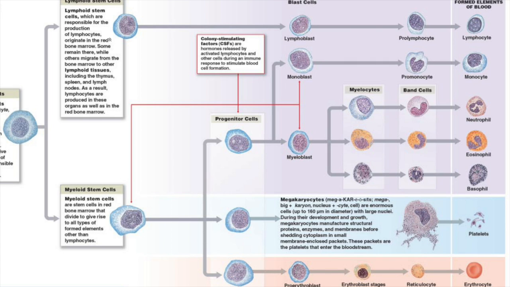The lymphoid stem cells produce the lymphocytes, and they can go to other tissues such as the thymus. The myeloid stem cells are going to stay in the bone marrow and they're going to produce everything else. So monocytes, neutrophils, eosinophils, basophils, platelets, and erythrocytes.